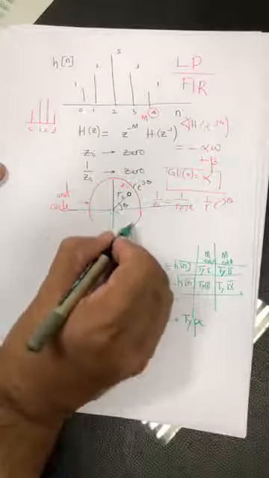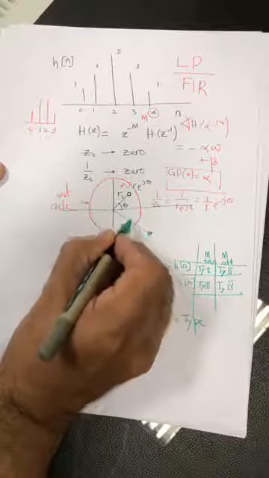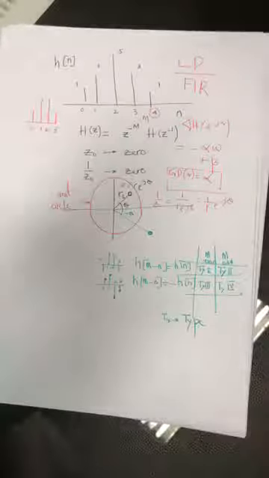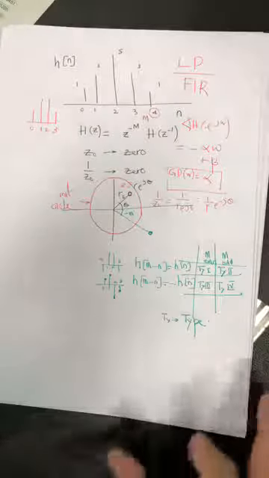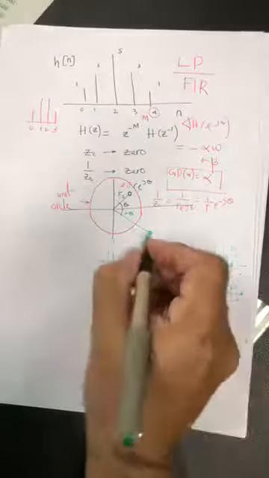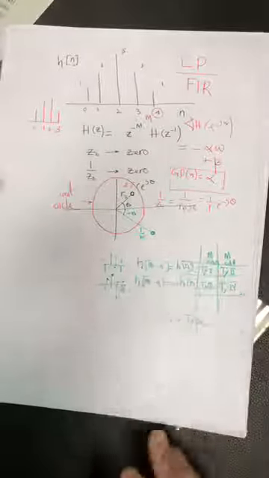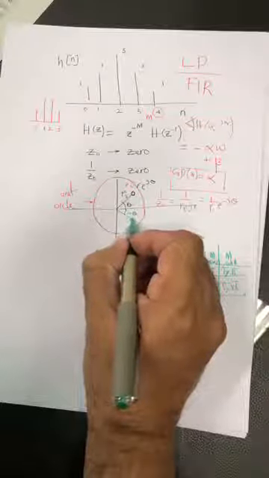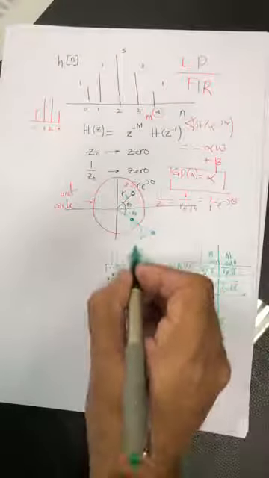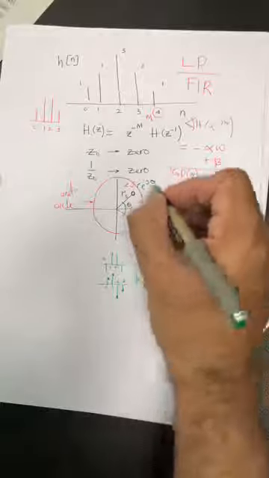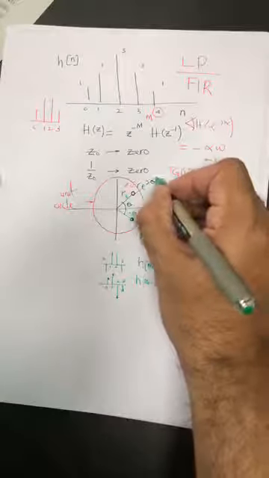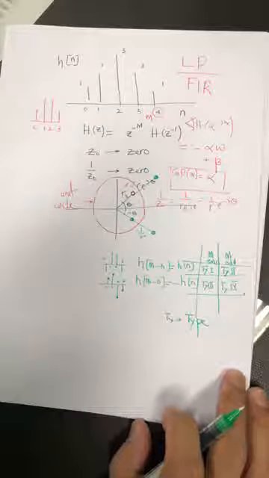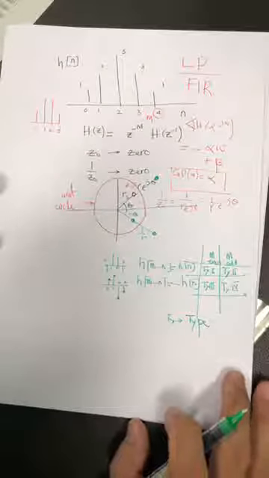So you will have a zero here, and theta is negative, so you have another zero here, at 1 over r. And if the filter is real, it is going to have a zero here also, a complex conjugate pair. So this must also have a complex conjugate pair. So knowing 1, you know 4. The rest of the 3 will always exist.